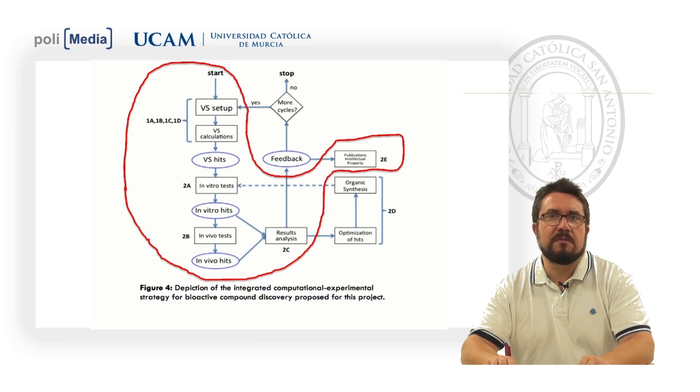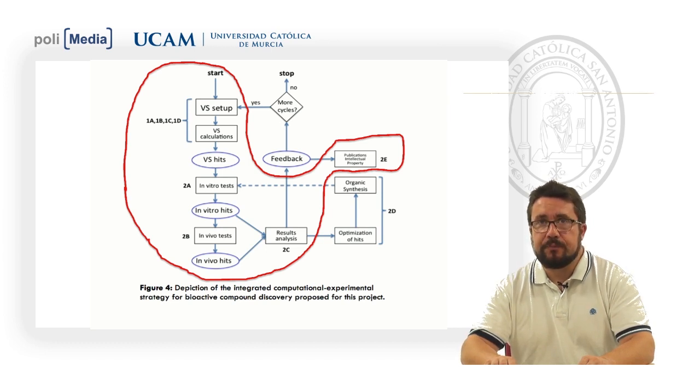So then we perform in vitro tests, and if we are lucky, we obtain some hits. Then we perform some in vivo tests on the same, and then we need to analyze the results. Then we need to decide whether we will optimize these hits using chemical synthesis and publish or patent the compounds.